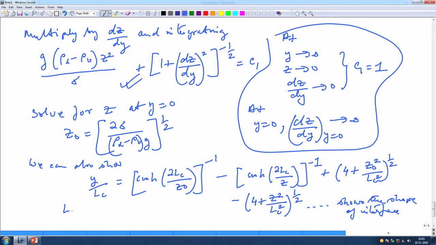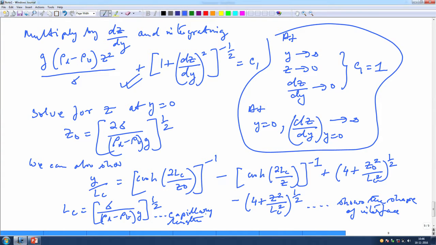LC is given by this expression, and it has a formal name: the capillary length, a characteristic capillary length.